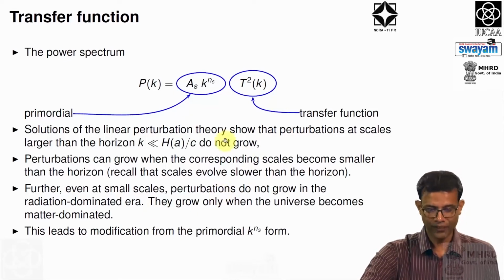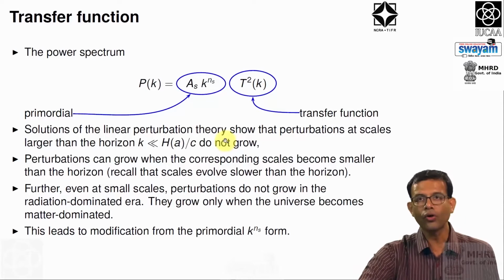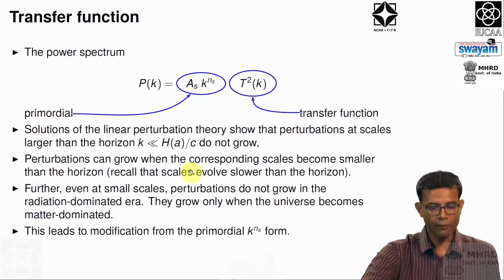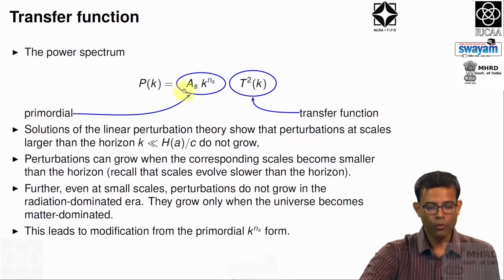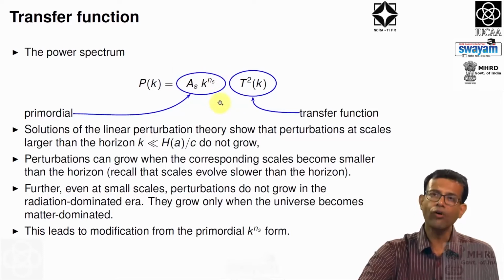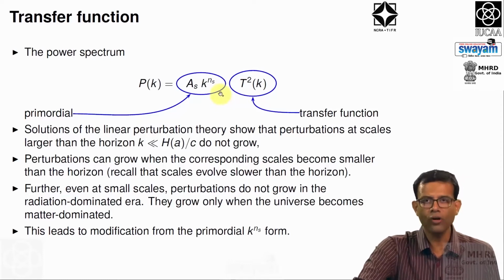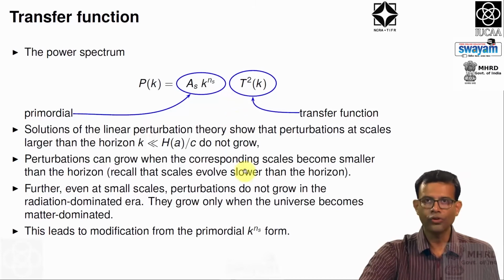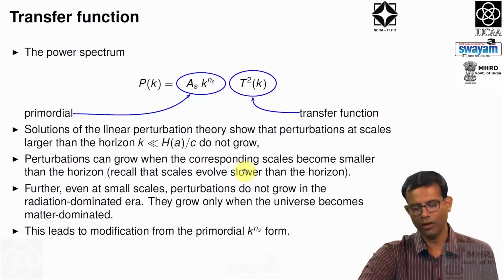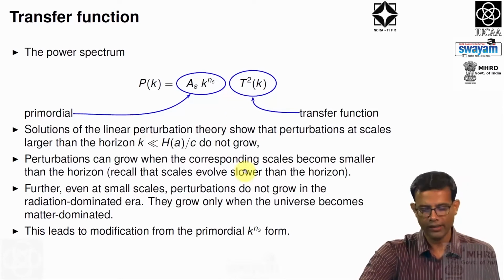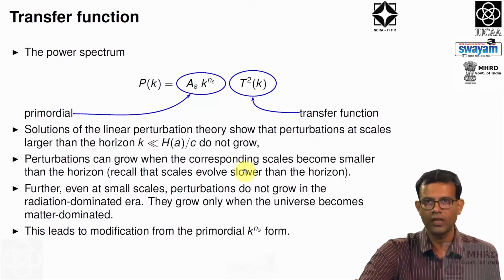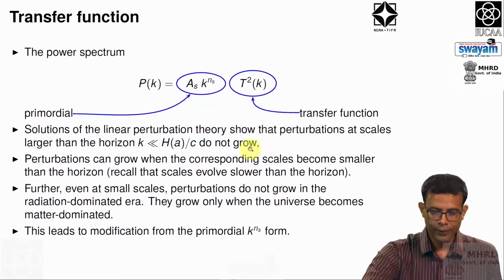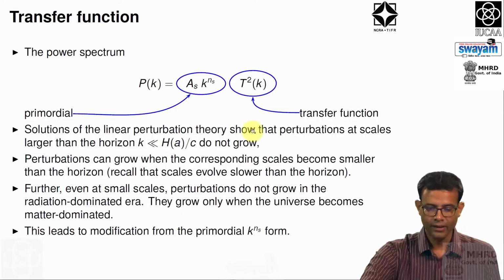Now, because different modes grow differently, it is not surprising that they will lead to modifications in the primordial part. If all the modes grew at the same rate all throughout, then the primordial form would remain as it is. But because different modes grow differently, depending on whether they are outside the horizon or inside the horizon, depending on whether they are in the radiation dominated era or in the matter dominated era, hence you have to introduce a transfer function.